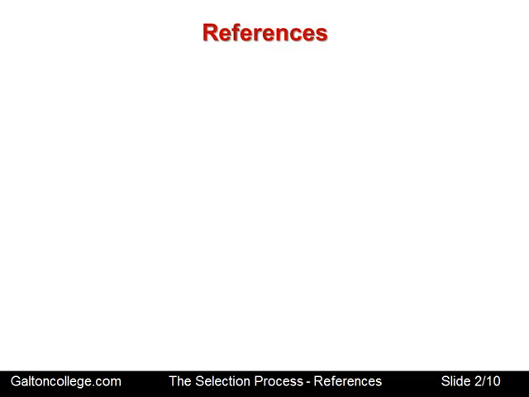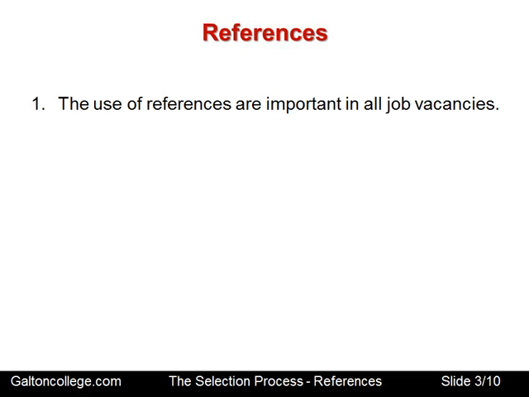So references are widely used. They're used for all important job vacancies, and references are based on trying to bridge the gap between what the candidate says about him or herself and the actual truth.